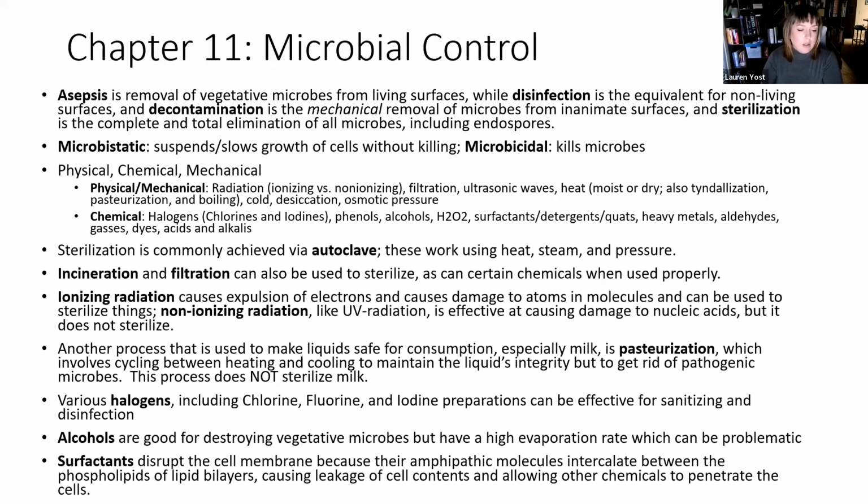And then we have the surfactants. This is going to include our quaternary ammonia compounds. These guys are going to disrupt our cell membranes because their amphipathic molecules will intercalate or squeeze in between the phospholipids of the lipid bilayer, and that will cause leakage out from the cell, as well as letting other things in, like chlorhexidine, which is a phenolic that is used in hospitals. So it will be more effective, and that's what we use as a surgical scrub.